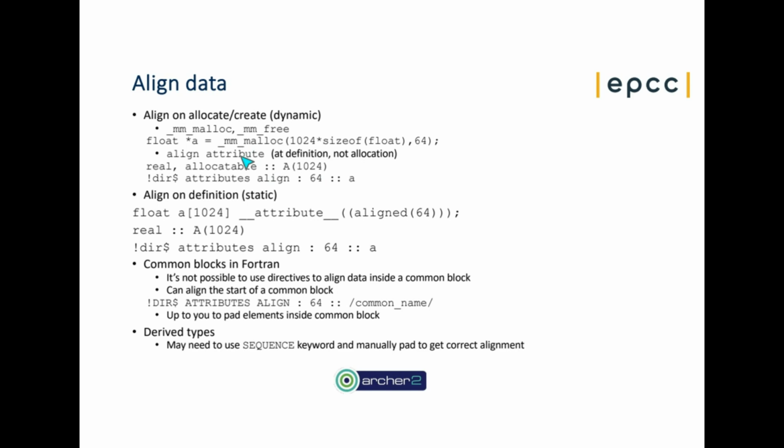Or there's an align attribute in Fortran, so you can say, please align the array A on 64-byte boundaries. Same but different for static declarations.